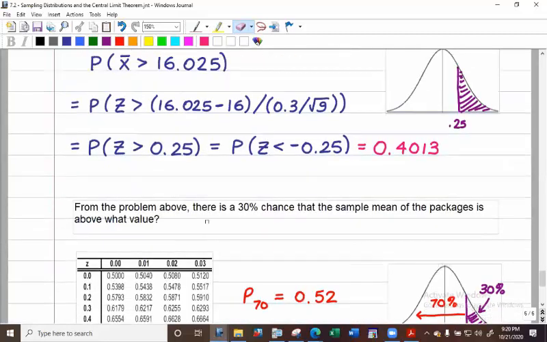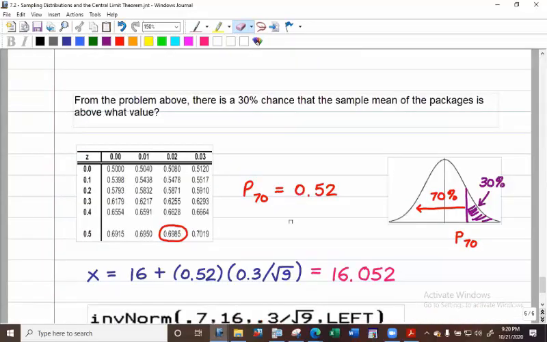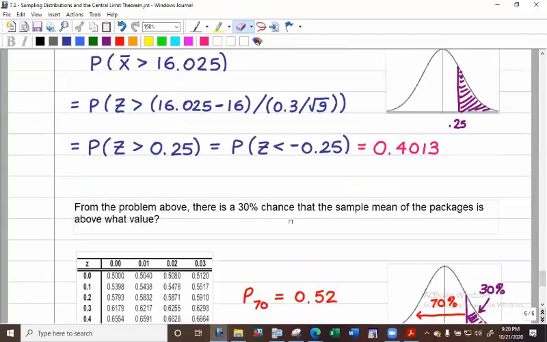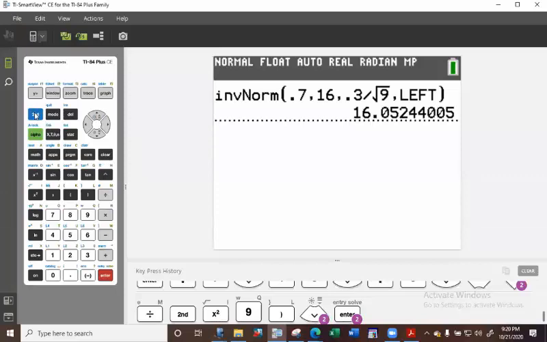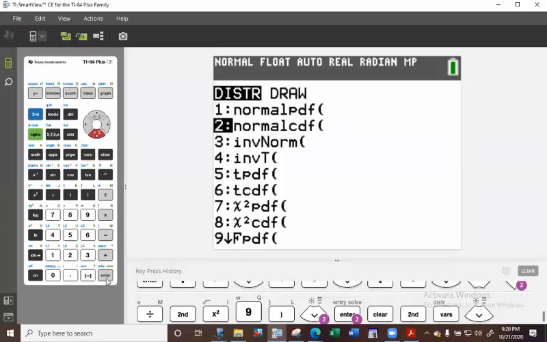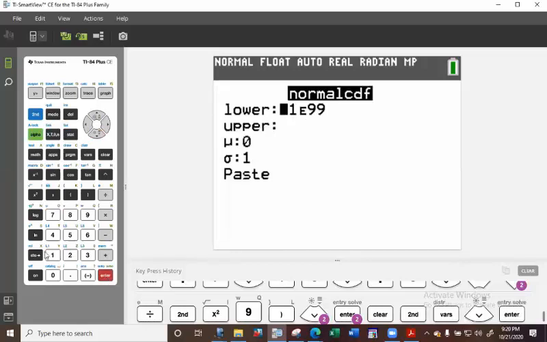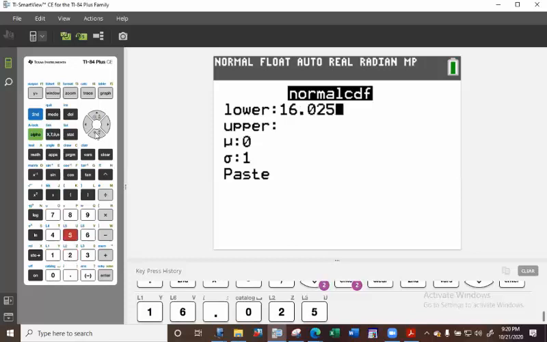Let me insert the calculator screen for this one in here. Let's do that. So we're going to distribution, normal CDF. We'll start with 16.025 because greater than.